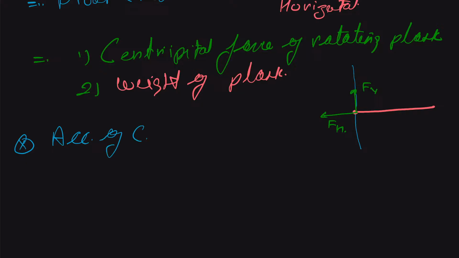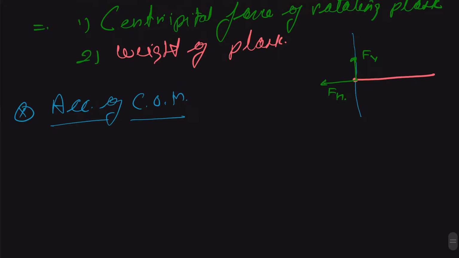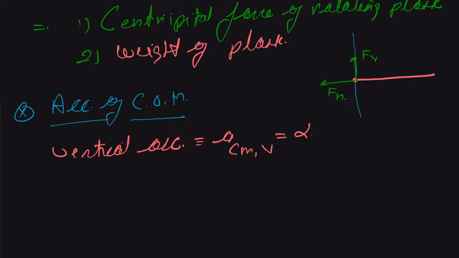We have a vertical acceleration, which is our a_CM vertical, and it will be equal to alpha times L by 2.